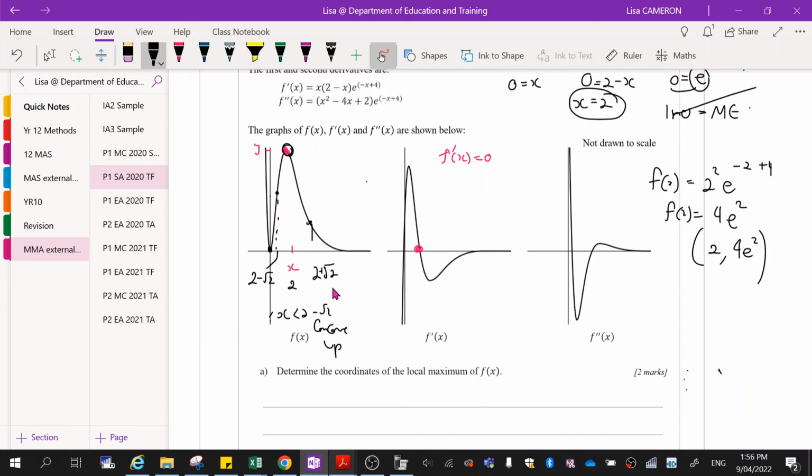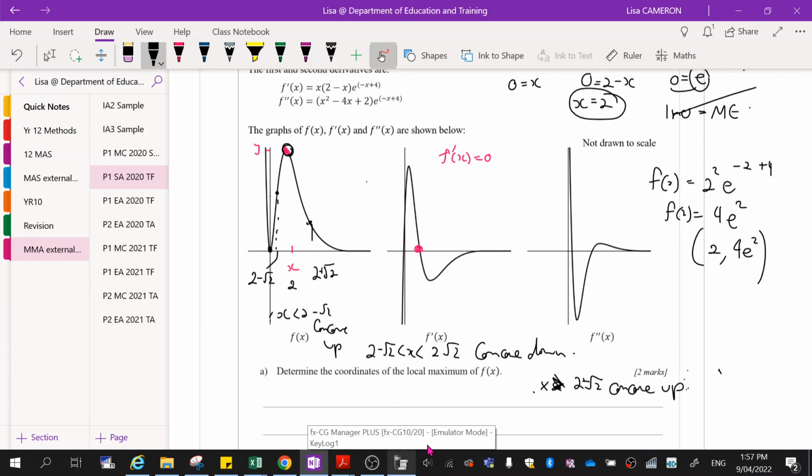And then between 2 minus root 2 all the way up to 2 plus root 2, it's going to be concave down. And then anywhere after that, x greater than 2 plus root 2 is going to be concave up again. Okay, so we have two different parts there that are concave up and concave down. You'll obviously need to set this out nicer, but trying to write this on my little sketch pad is an absolute nightmare when you need to see the pictures.